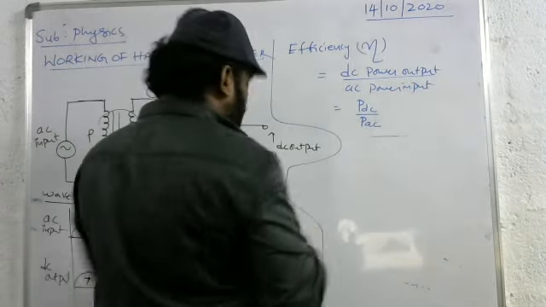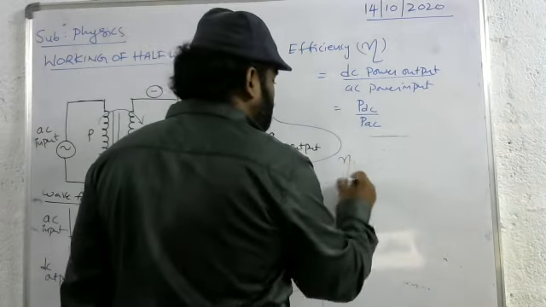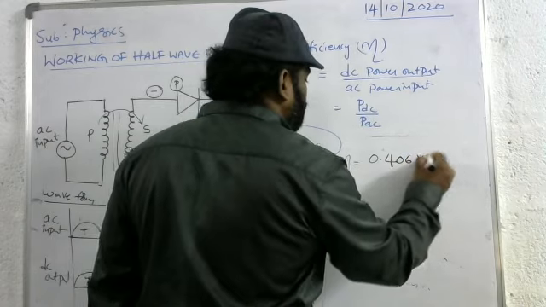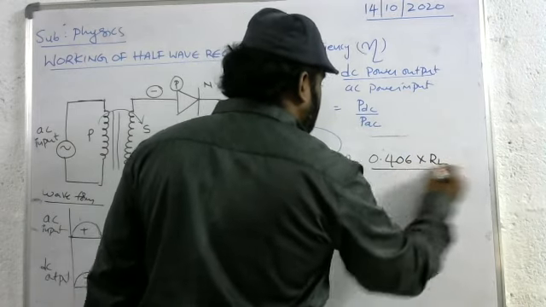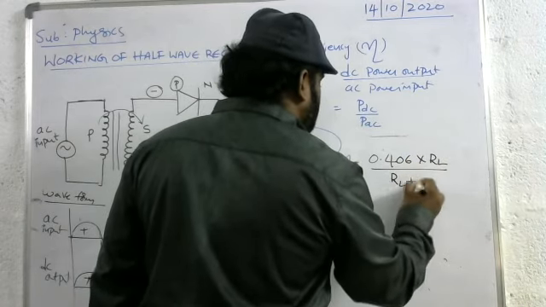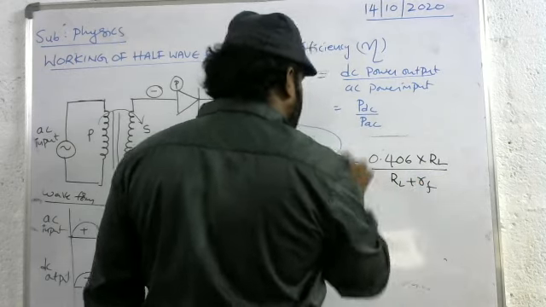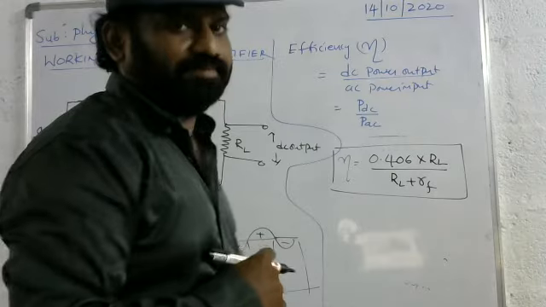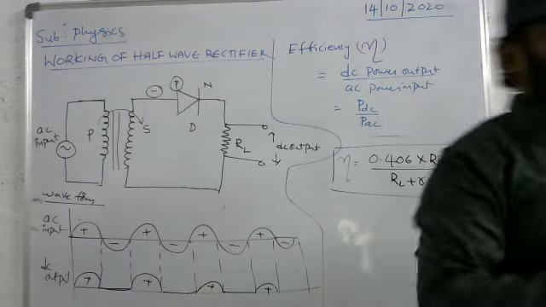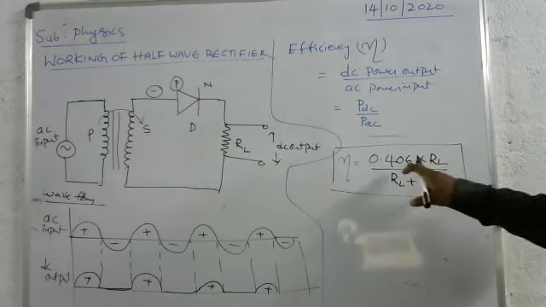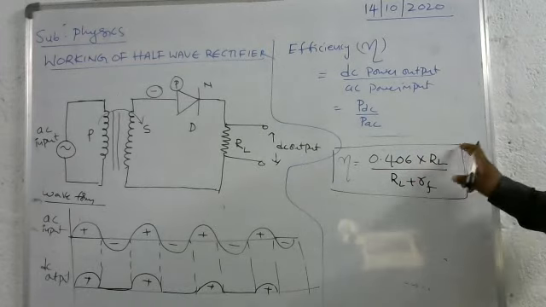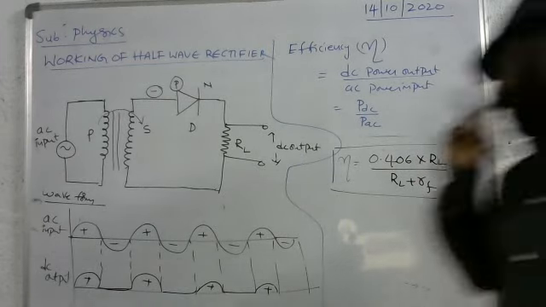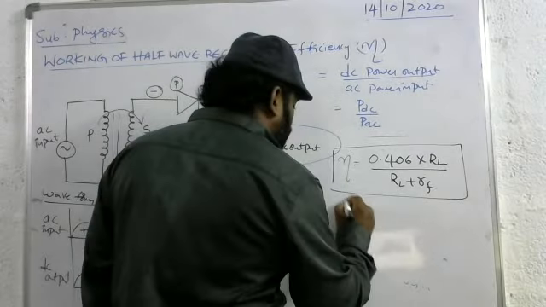And the formula is efficiency eta equals 0.406 into R_L by R_L plus R_F. This is the expression for the efficiency of the half wave rectifier. Eta equals 0.406 into R_L by R_L plus R_F, where R_L is called load resistance.